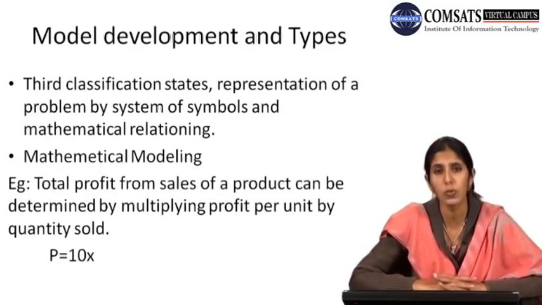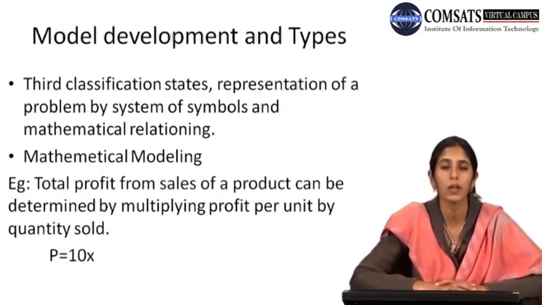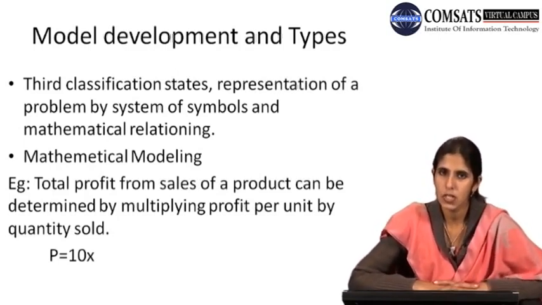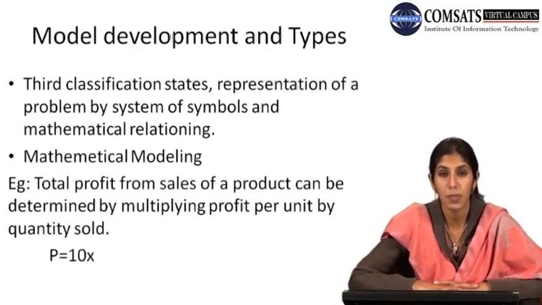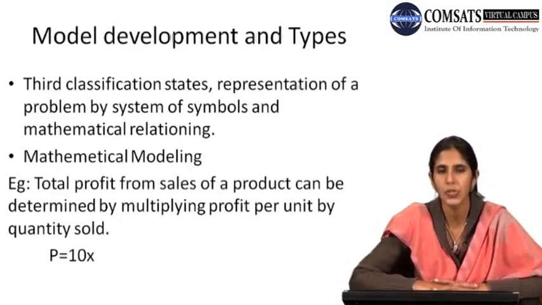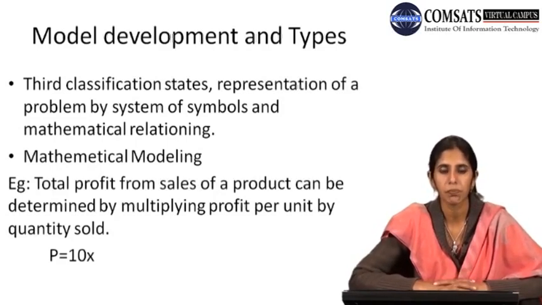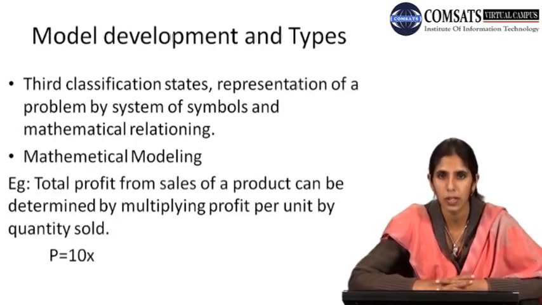Yes, we do use iconic models as well as analogy models for certain kinds of decisions, but these decisions are somehow very limited in scope as far as business standing and business knowledge are concerned. What we follow, or what is more systematic, what is more condensed in generating information, is the mathematical model.